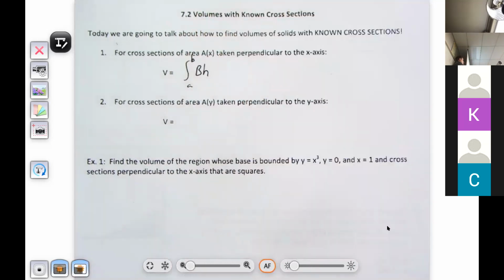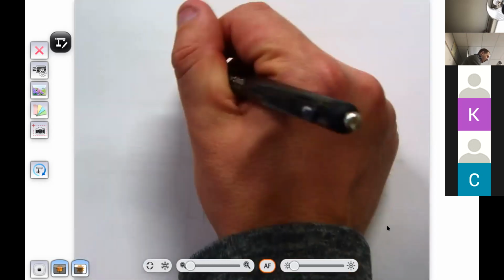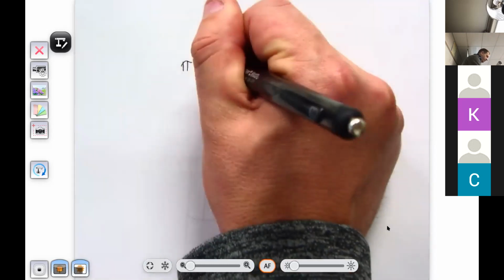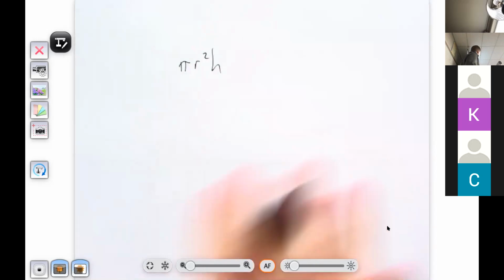The way you guys find volume of any prism ever, in geometry, you should have learned it's the area of the base times the height. That's how you find the volume of any prism ever. And last class, or 2 classes ago with discs and washers, our formula was always pi r squared times the height for a cylinder.